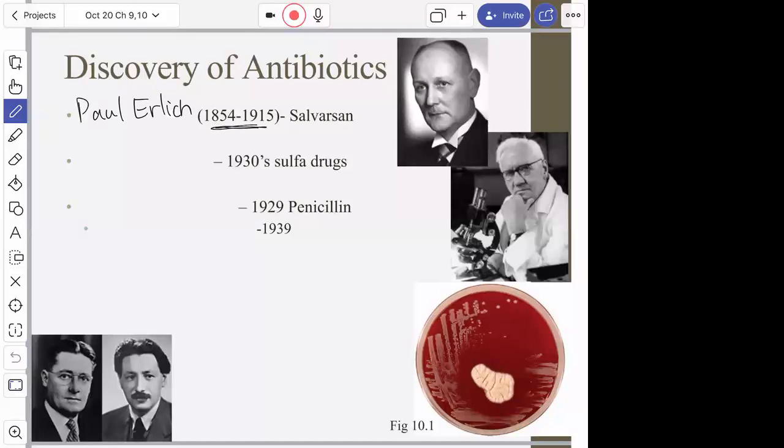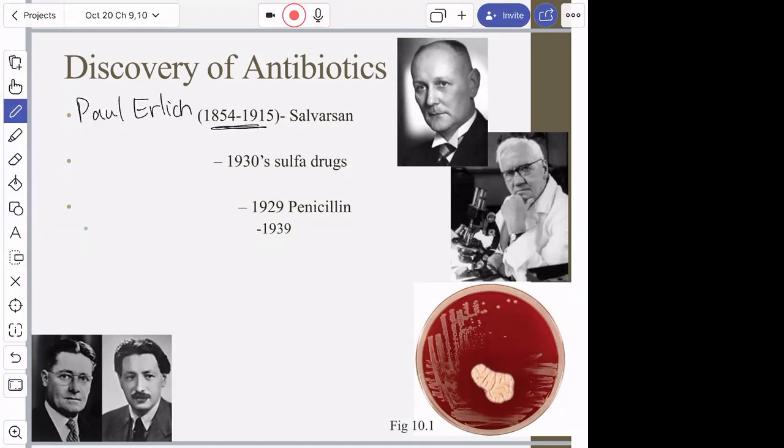He really thought carefully about treating infections and screening large numbers of chemicals to try to find a drug that would work on a particular infection. He actually was trained in Robert Koch's lab in Germany. And he found an arsenic containing chemical that worked against syphilis. Had some use. Unfortunately, arsenic is really toxic to our bodies as well, so it had limited use.